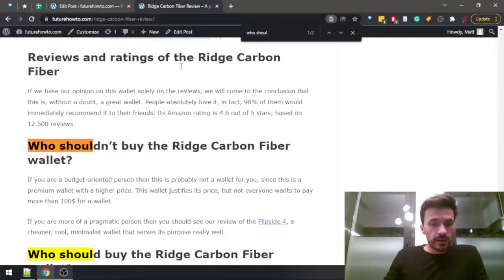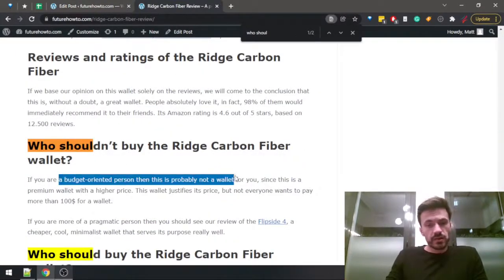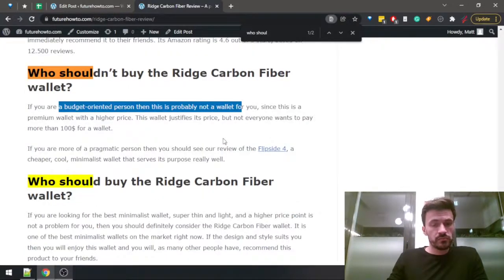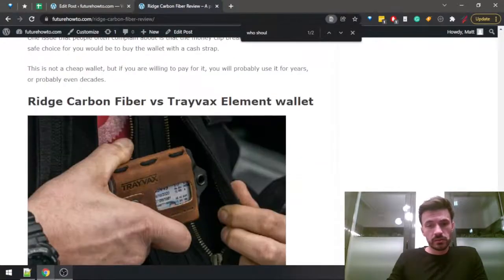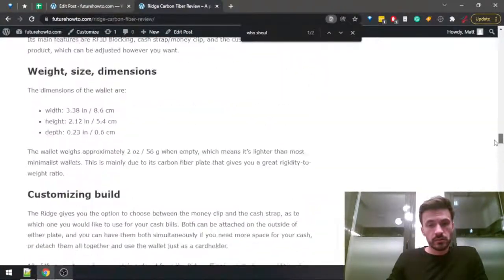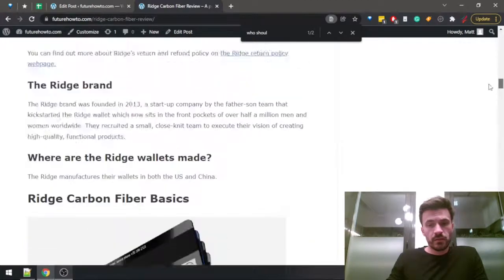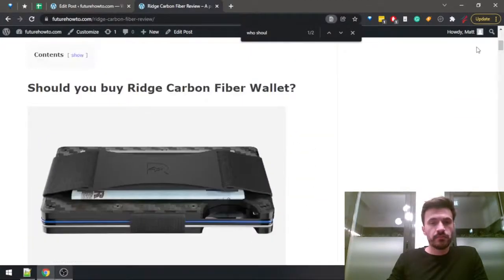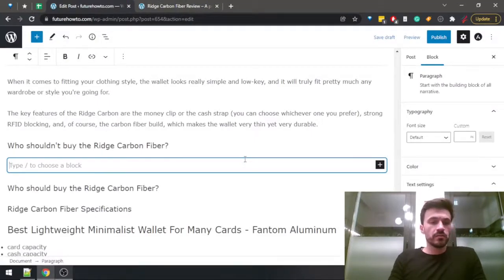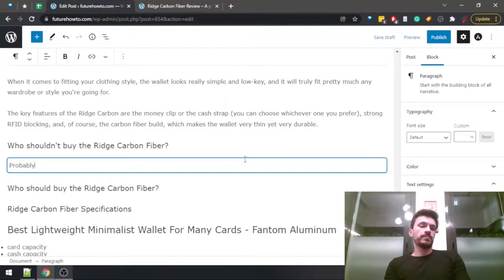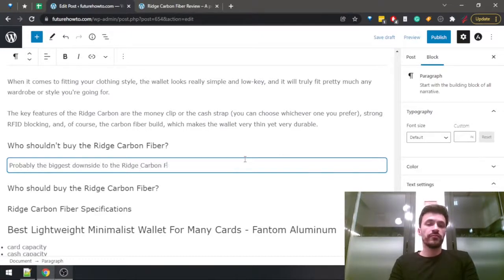Who shouldn't buy it? So it's kind of expensive. What else can we say here? Probably the biggest downside to the Ridge carbon fiber is its price.